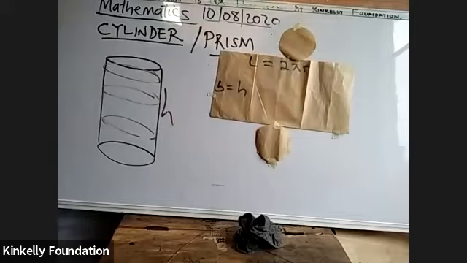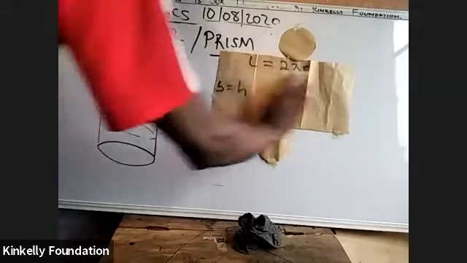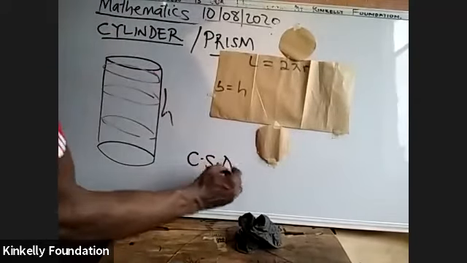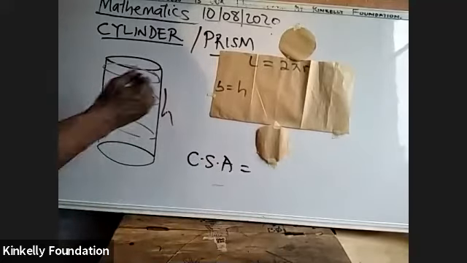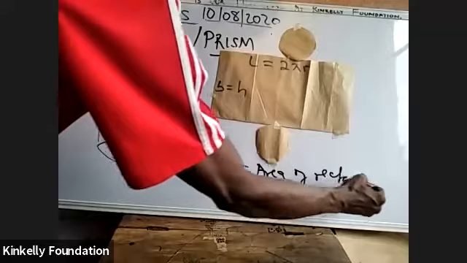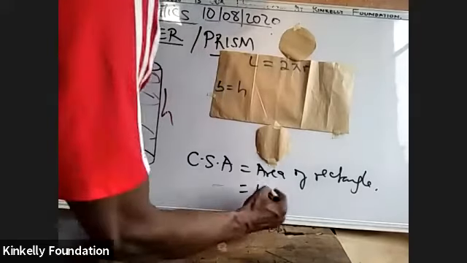So when we talk about the curved surface area, it is the area of this rectangle. The CSA of a cylinder is equal to the area of the rectangle.